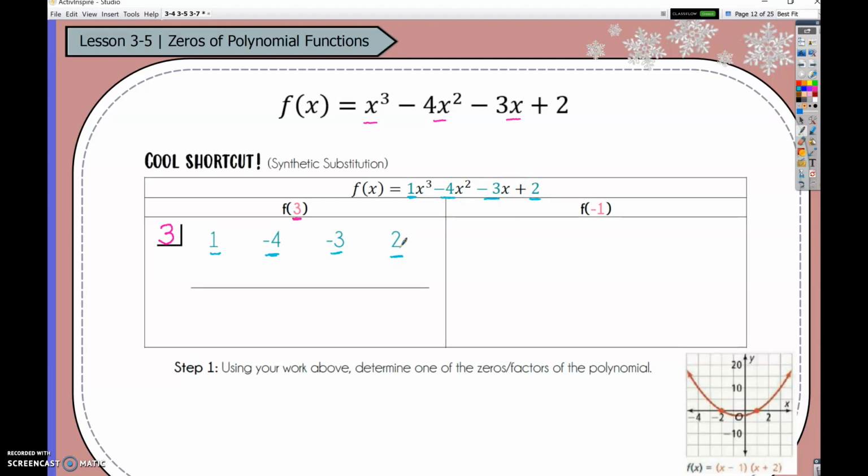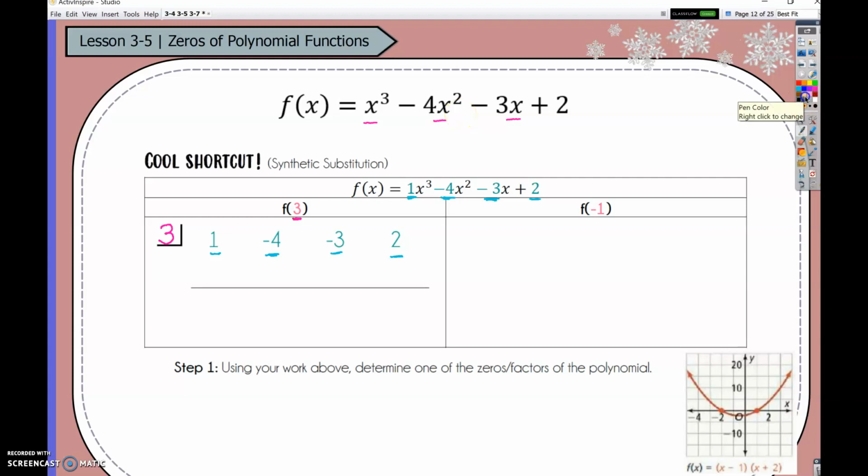To keep the process working, you have to have it in standard form first, and then write all of the numbers or coefficients out in descending power order. Notice how I don't have any of the x's included. We just do the coefficients. And this was the third power of x, the second power, the first power, no power. We can talk more about it later, but if you ever would be skipping a power, say there was no x squared, you'd have to put a 0 in to accommodate for that.